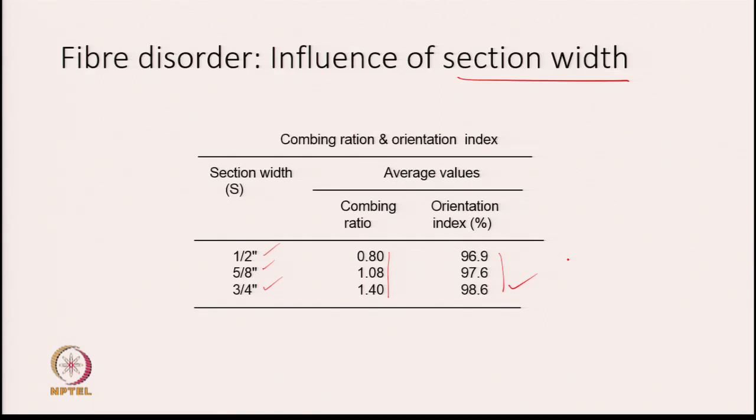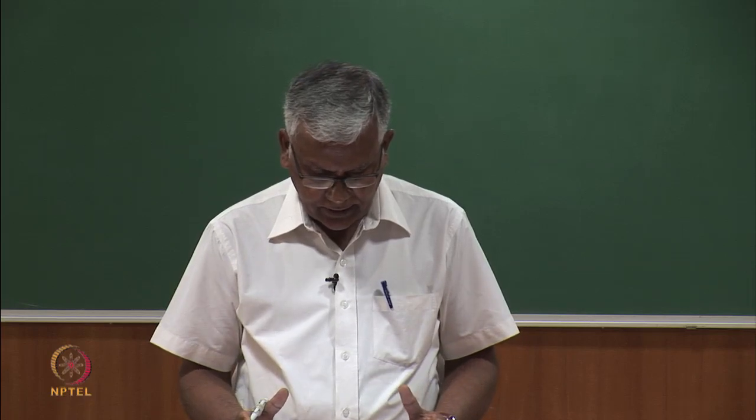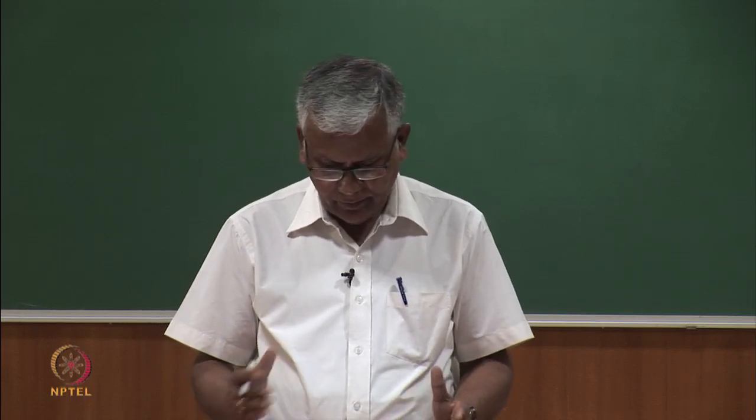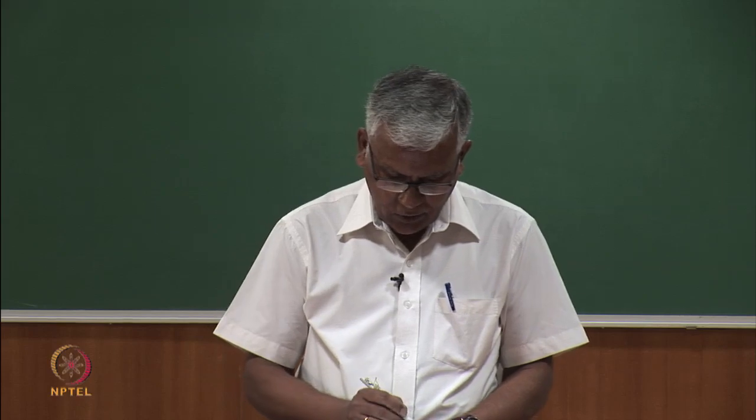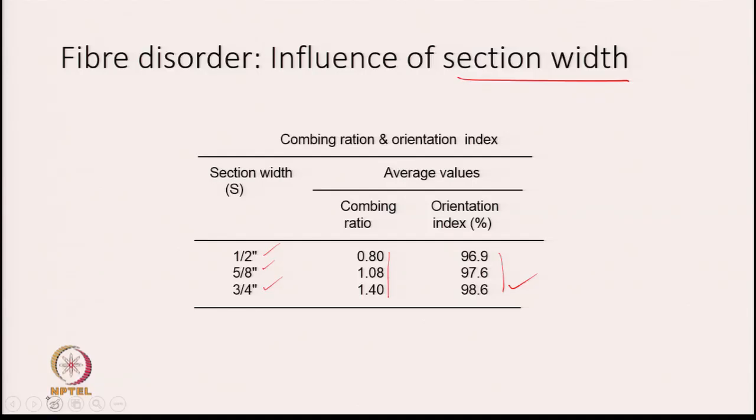So, this is how the two indices change with increase in section width. Typically, the value chosen for section width is half an inch.